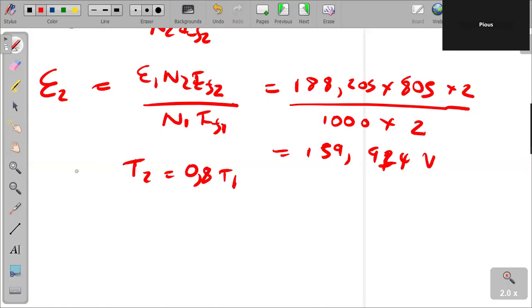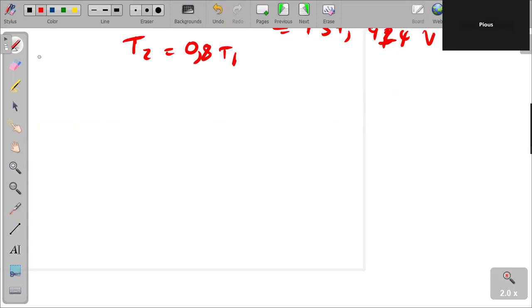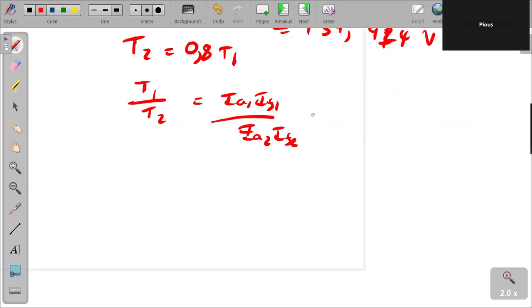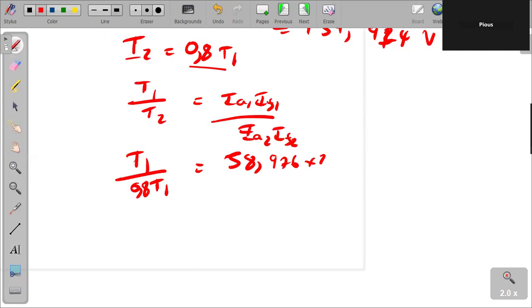So using again the ratio T1 over T2, T1 over T2 is equal to IA1 IF1 over IA2 IF2, right? Since T2 is equal to 0.8 of T1, we can substitute that to say T1 over 0.8 of T1 is equal to IA1, that's 58.976 times 2, over IA2, apparently we do not have it, multiplied by IF2.